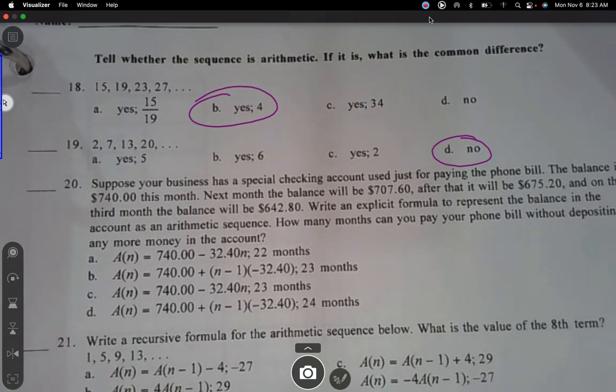Just plus, and then you have to say what the first term is. That's recursive. I think I already have the formula saved on the file, I just didn't want to switch back and forth. The explicit formula tells you what term you're looking for. So this one is the first term plus that.